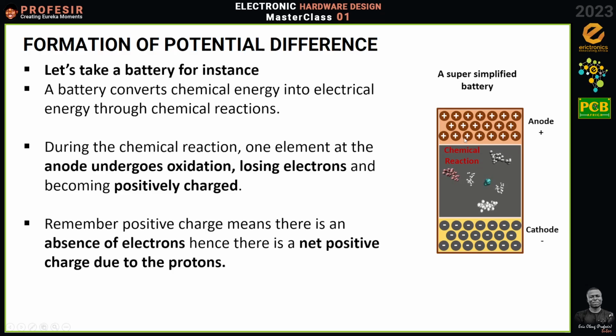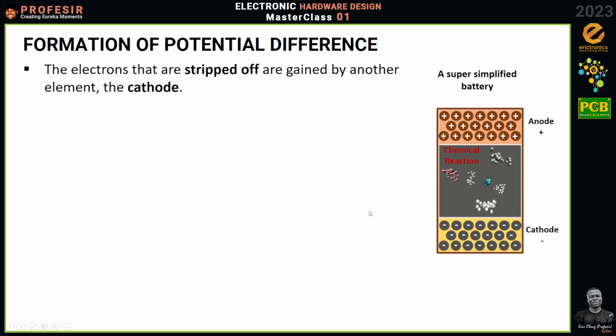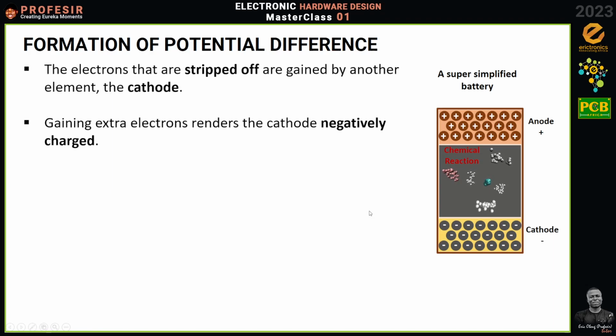Now, ions are electrically charged atoms. So we have positively charged ions here called cations and negatively charged ions here called anions. Okay? Now, why am I stressing on this? Why am I stressing on this? Okay?